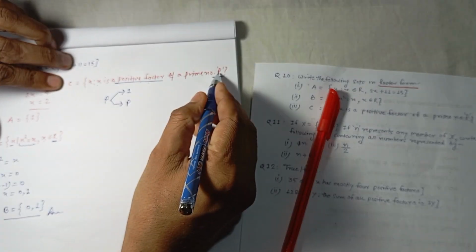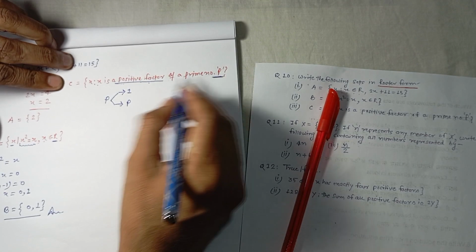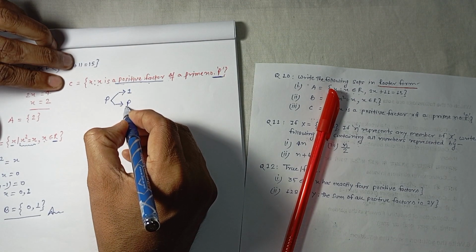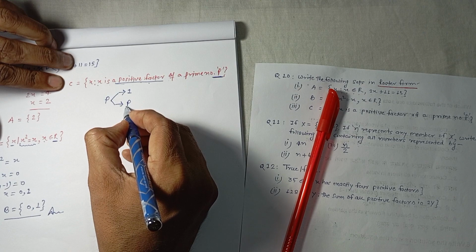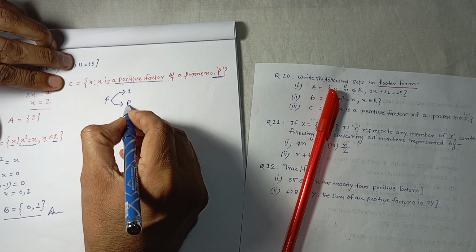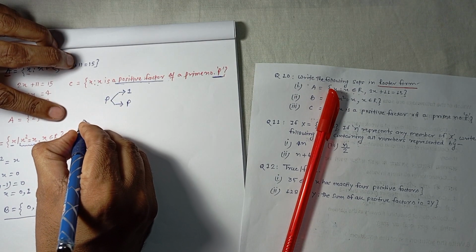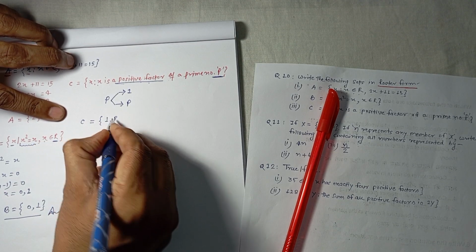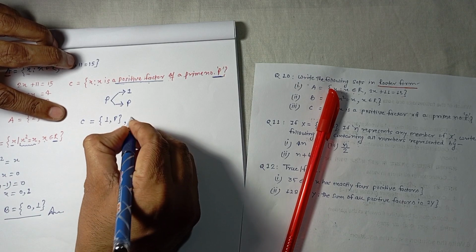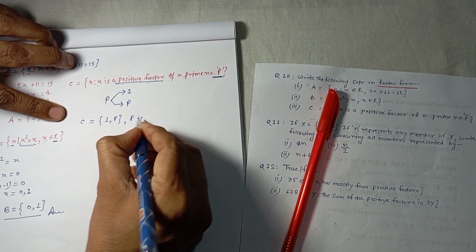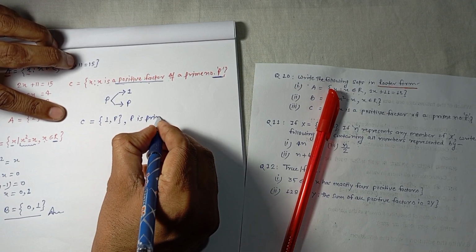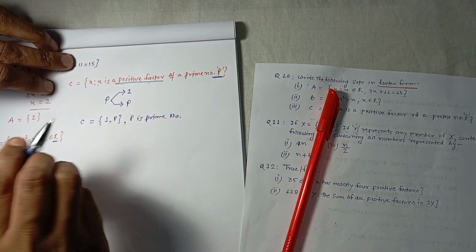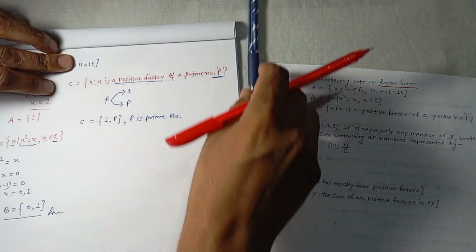So if P is a prime number, which is obviously a positive number, there will be two factors of it. One is 1 and another is P. So we can express set C as {1, P} in the roster form where P is a prime number. Okay, I think this much is clear to all of you.